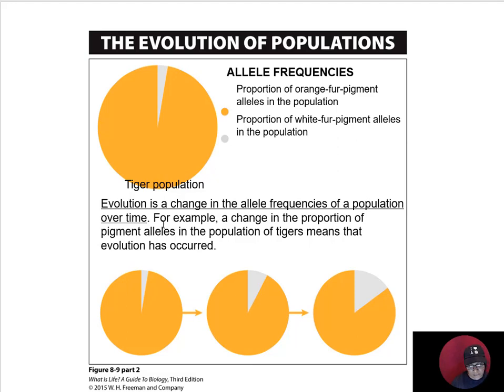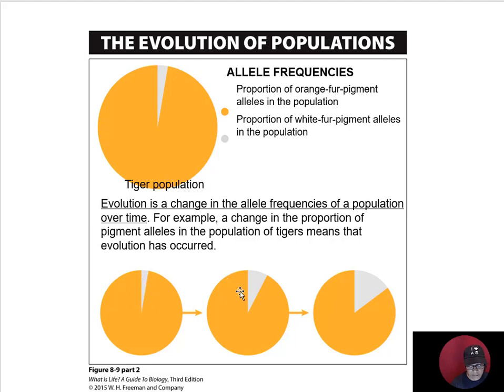Now, evolution, as I said before, is a change in the allele frequencies of a population over time. So, for example, we can have this change in the proportion of pigment alleles in the population of tigers. When that happens, it means that evolution has occurred. When we look at the pie chart, here we have this larger swath of orange fur pigment in the tiger population, and this very small swath of white fur pigment alleles in that whole population.